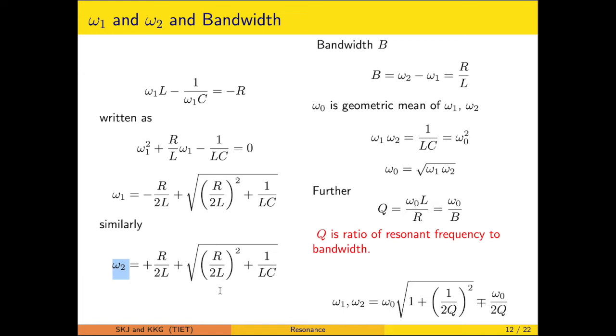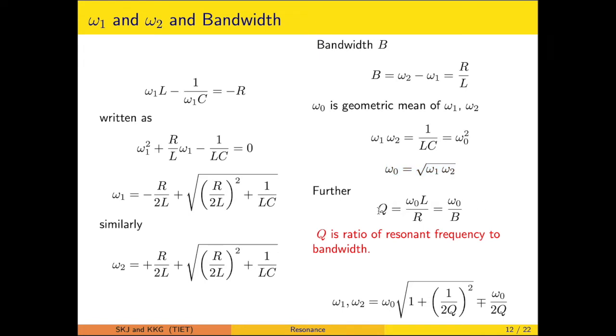Now we will see that the bandwidth, omega 2 minus omega 1, can be directly calculated, and it is given by the value R upon L. With these numerical expressions, you will find that omega 0, the resonant frequency, is the geometric mean of the half power frequencies omega 1 and omega 2. So omega 0 is equal to root of omega 1 omega 2.